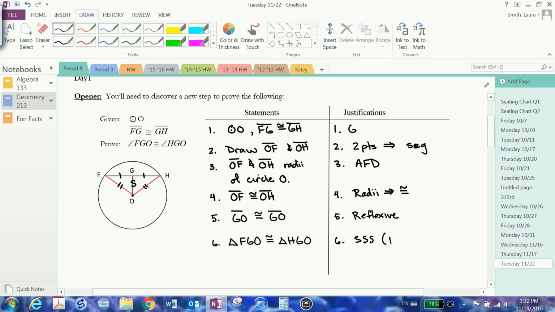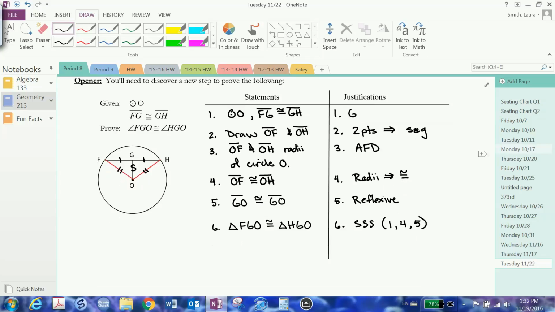Got my first side in step 1, got my second side in step 4, and my third side in step 5. And finally, what we actually want to prove is that angle FGO is congruent to angle HGO, and that is by corresponding parts of congruent triangles being congruent.